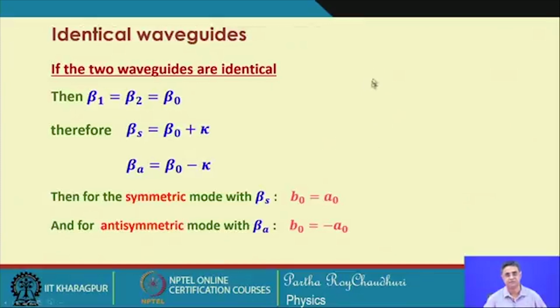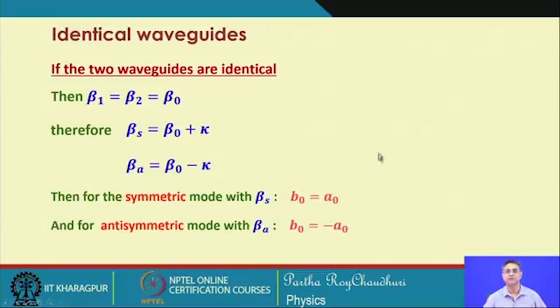whereas for the antisymmetric mode, B 0 equal to minus A 0 means that in waveguide A this amplitude is positive, but in waveguide B this amplitude is negative because of this minus sign.